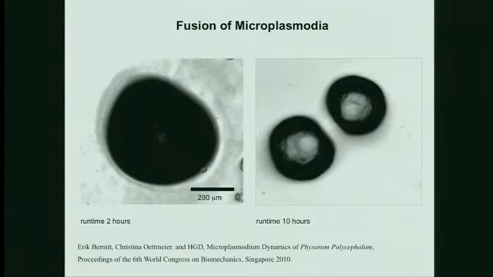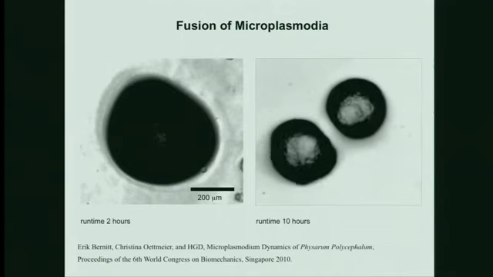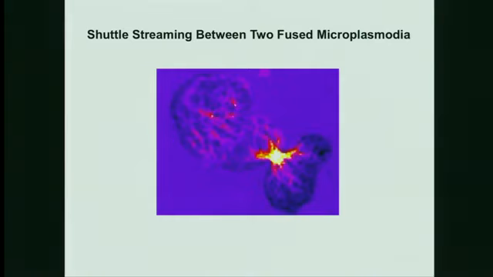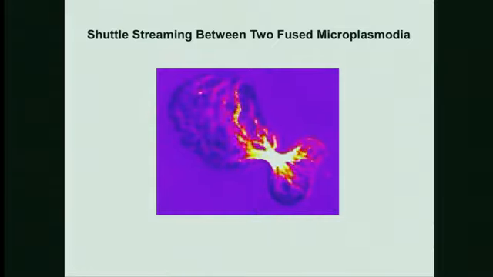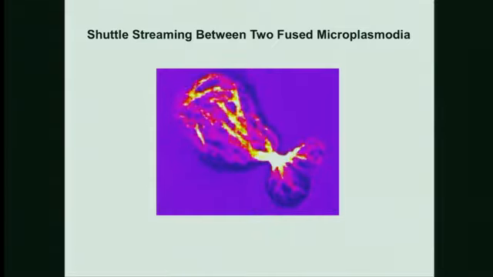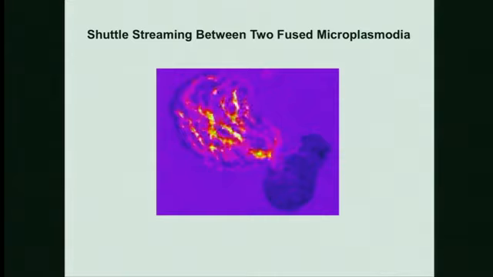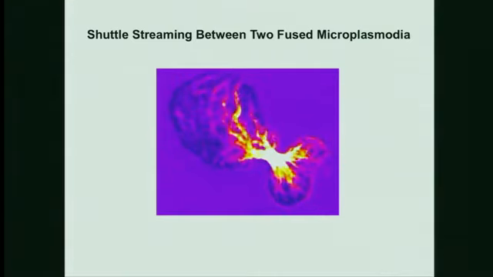So here's the fusion. Once they're fused, they already form internal channels, which you see here, in a beautiful false color picture. What you basically see is a derivative of the images before, so everything which moves very fast is bright.